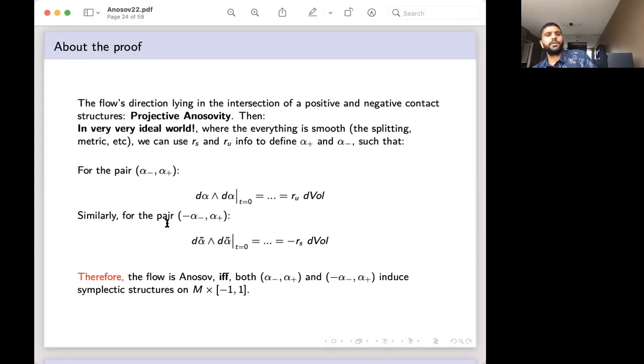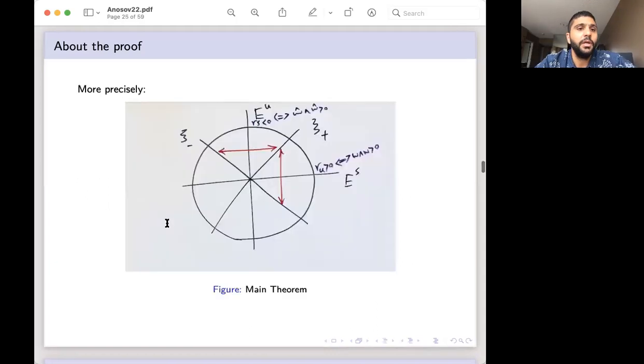So it is not surprising that you get Anosovity being equivalent to these two one-forms being Liouville forms. And here again you see a picture which should tell you why this is working. These two linear interpolations, one of them will be passing through the unstable foliation, the other one will be passing through the stable foliation.